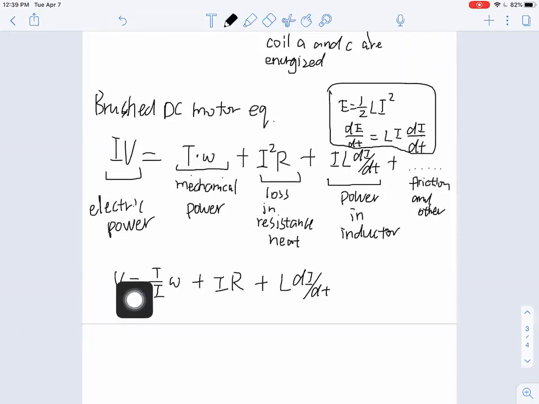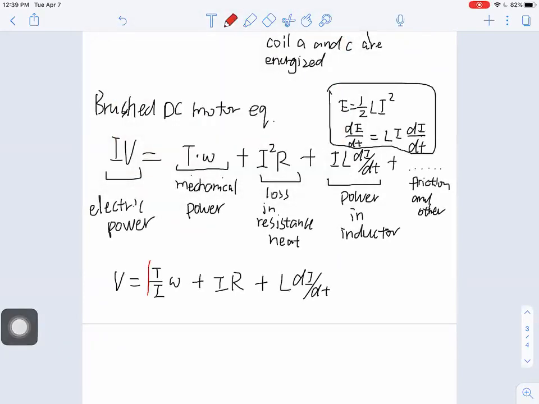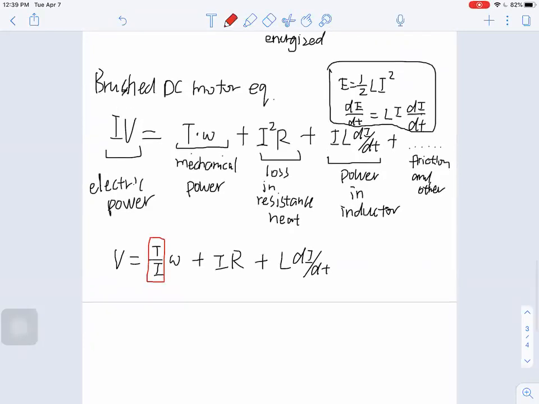Here we just divide current on both sides of the equation. Now we end up with a very important parameter for DC motor. This T over I is called the torque constant. That's KT equals T over current. That's the torque constant.